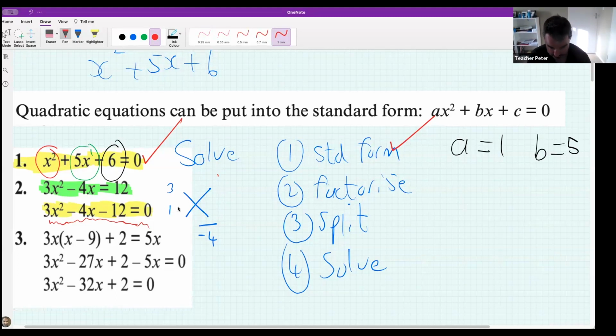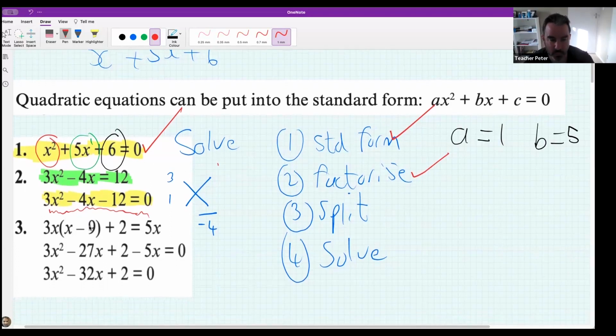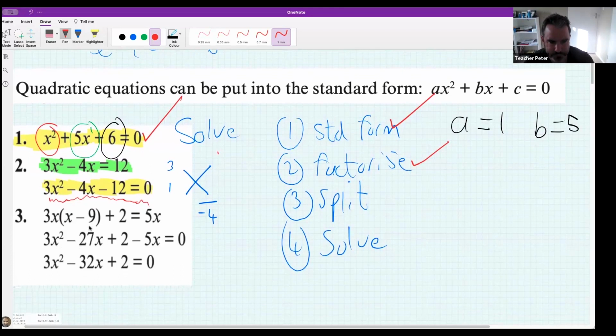I'm having a moment, if someone can spot it, but I suspect maybe this is a quadratic formula question. So assuming that we could factorize it, we would then split and we would then solve. But I'm going to move on because I don't want to waste too much time, and we're going to learn about the quadratic formula in future.